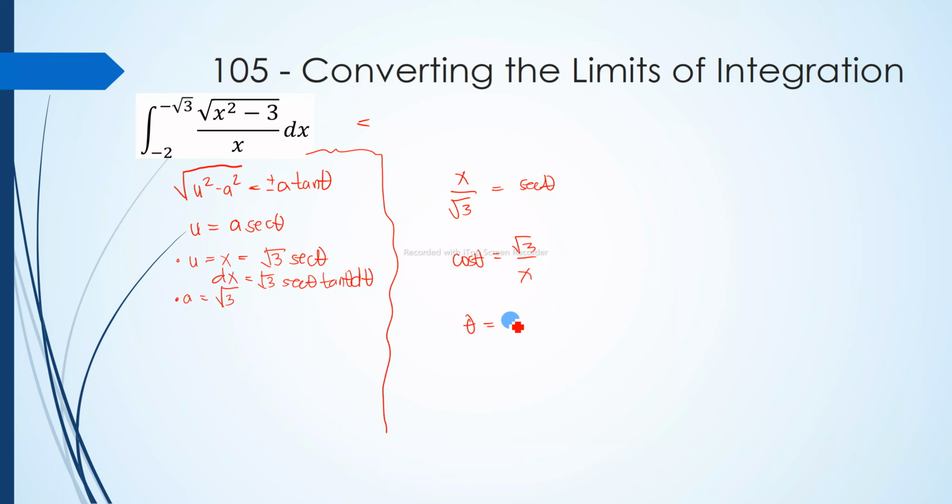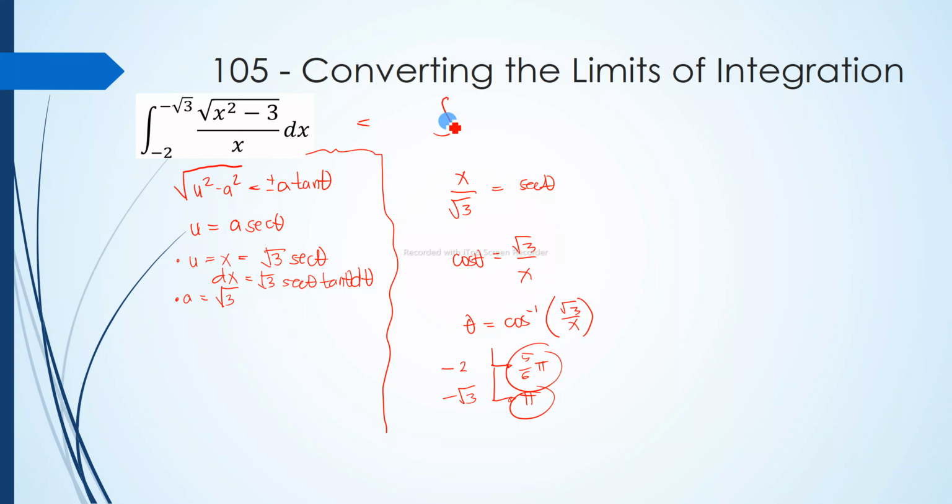And we have that theta is equal to arccosine of square root of 3 over x. Now if we substitute our lower limit of negative 2, we obtain that our lower limit is 5 over 6 pi, and then our upper limit is equal to pi. So these are the new lower and upper limits.